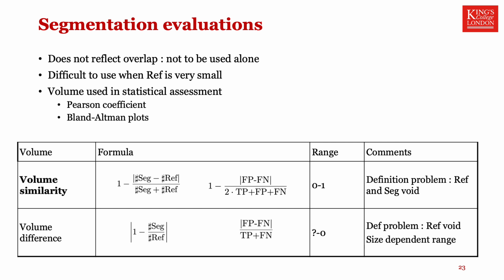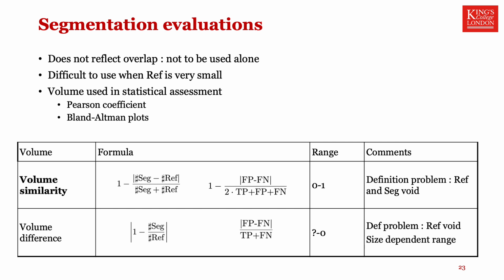Some ways of looking into things, and it goes slightly towards the idea of surrogate validation, that you may actually, so you still have references, but you then don't care that much about the overlap, but more about the general volumes that you get.